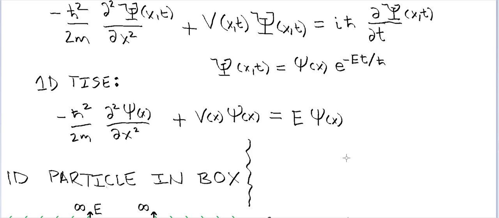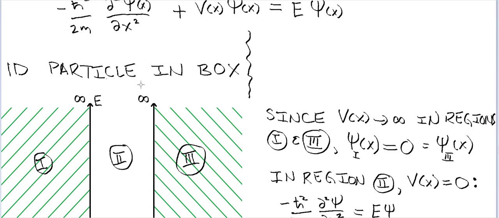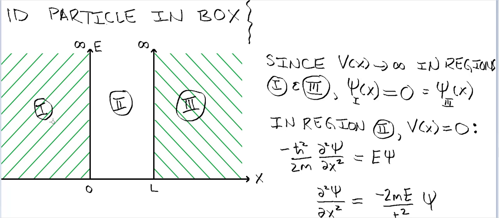And let's turn to the first celebrated problem here, the one-dimensional PIB problem, the one-dimensional particle in a box. In this case, there is a region between 0 and L where the potential energy goes to 0. Let me pause here for a moment and fix this. Unpaused.